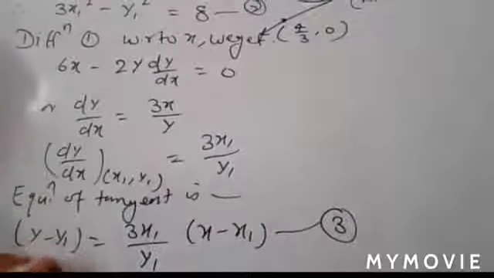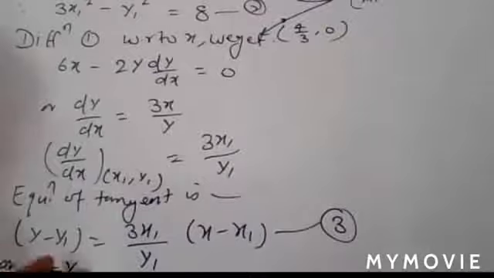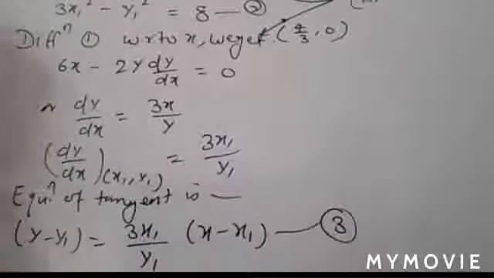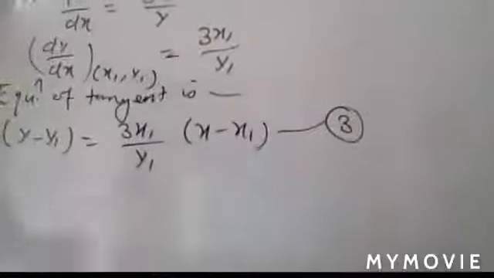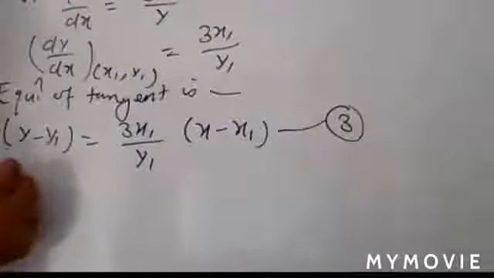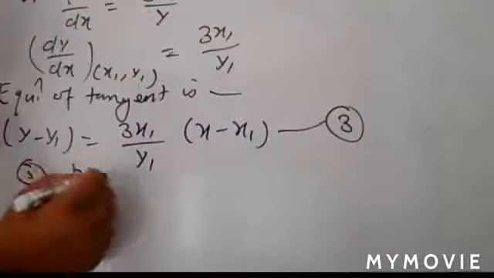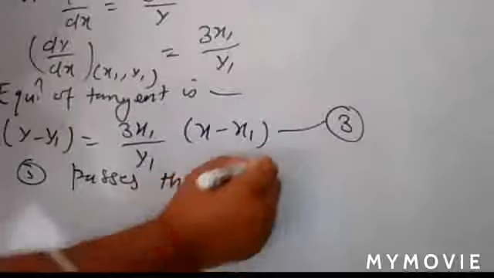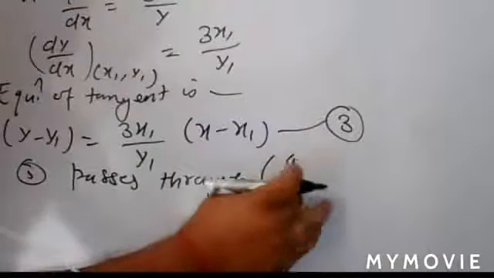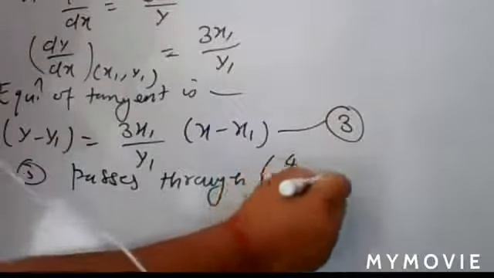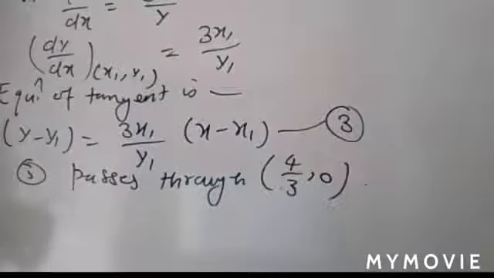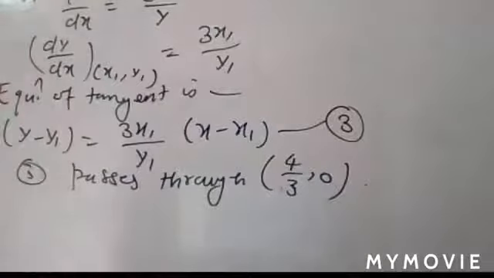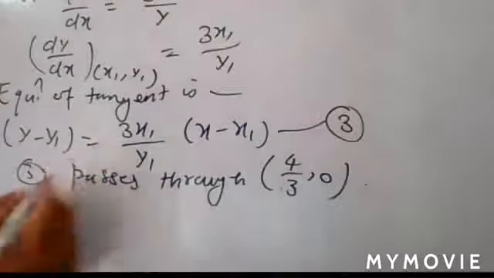If you put 0 here, you have minus y1. So first you write the statement: since the tangent passes through (4/3, 0), in this point the given tangent is passing, so you have to satisfy it.